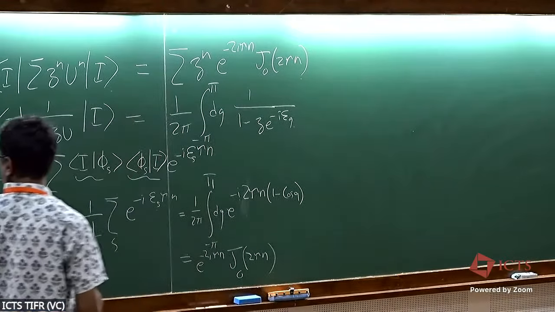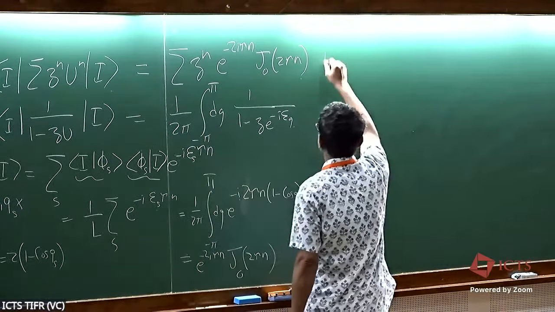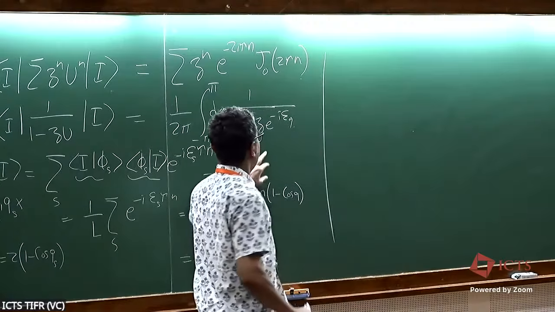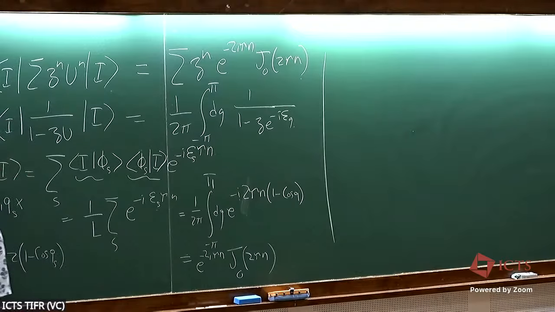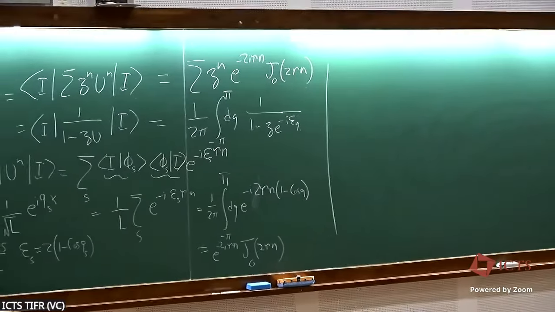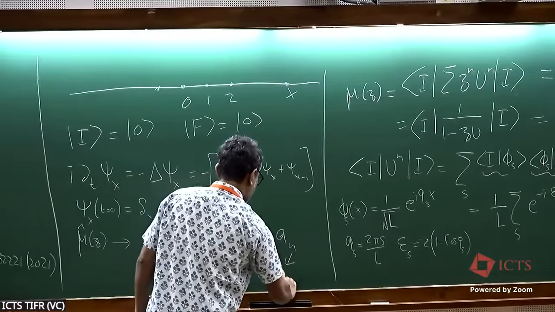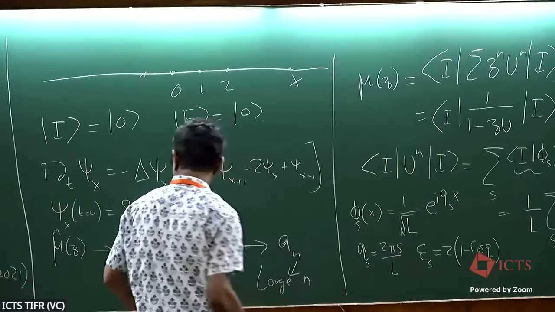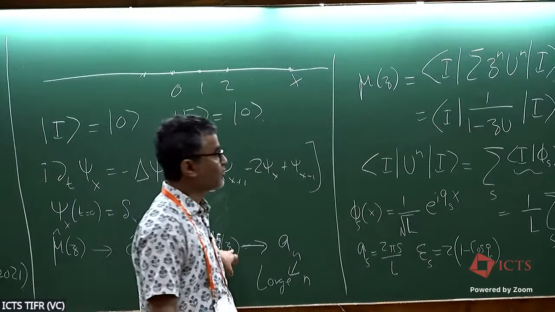Okay. So once we have this μ(z), what we want really is the large time behavior. So from μ(z) or from A(z), we want to pull out the large n behavior. And this means basically we have to look at properties close to z equal to 1, right?